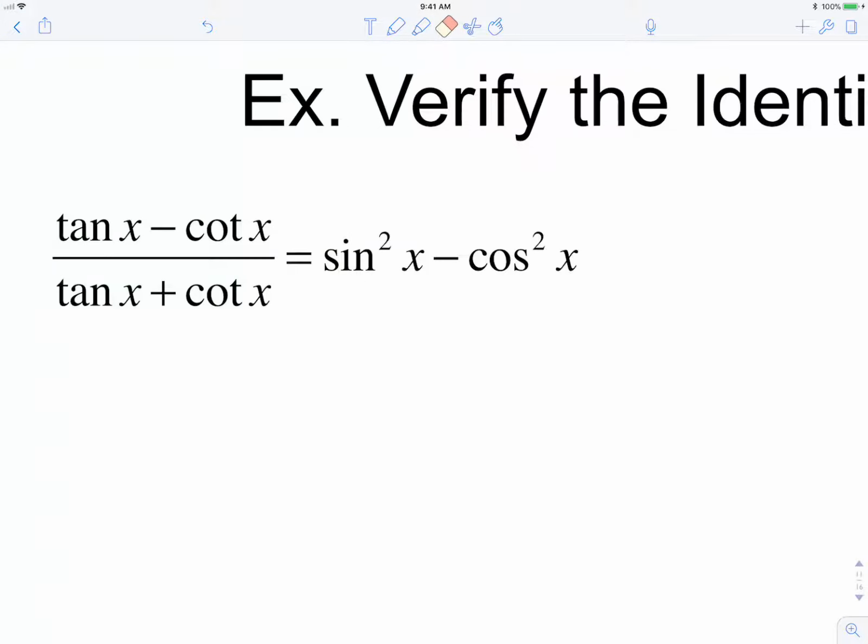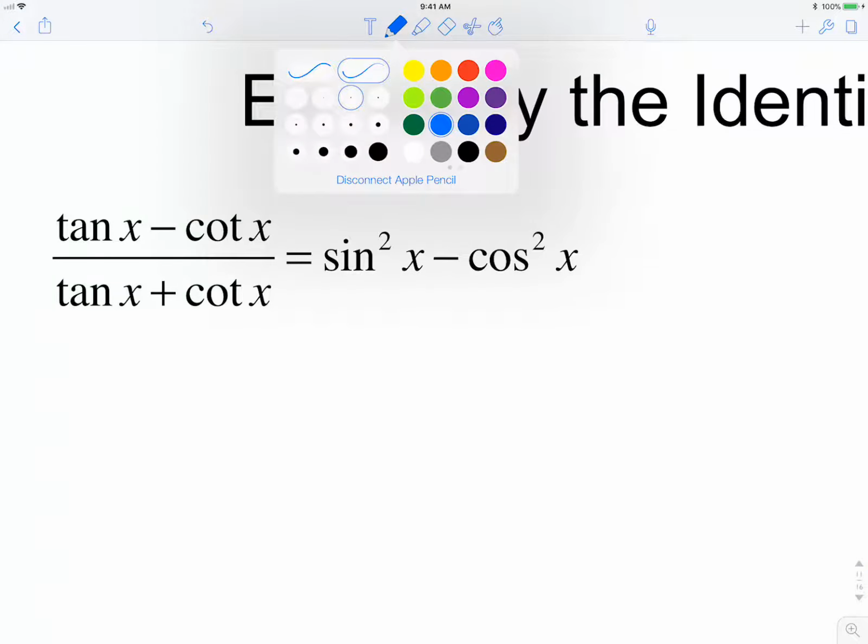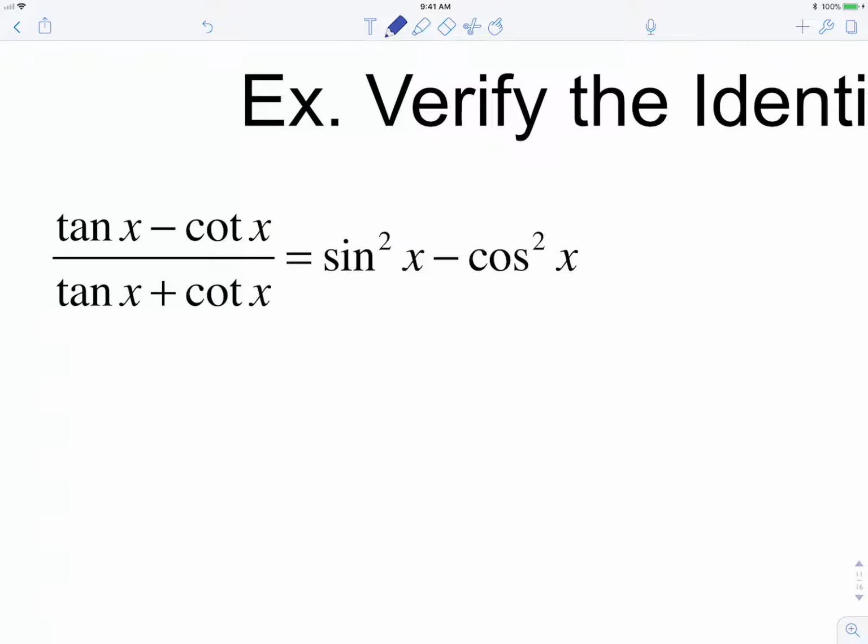Okay, so looking at this first identity, the left side obviously looks a lot more complicated. So let's start by changing the left-hand side to be in terms of sine and cosine. So tan we know is sine over cosine.